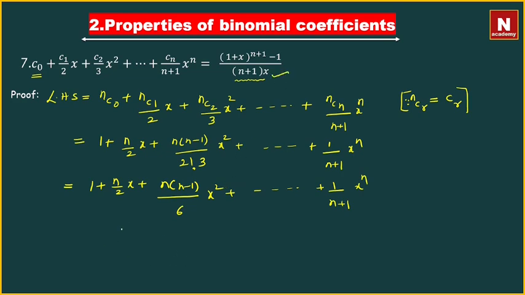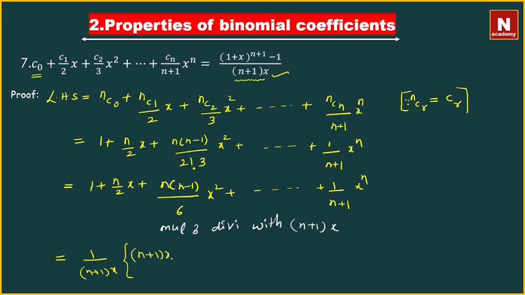That's why multiplying and dividing each and every term with n plus 1 into x. Each term is divided by n plus 1 into x and multiplied by n plus 1 into x. So n plus 1 into x into 1.